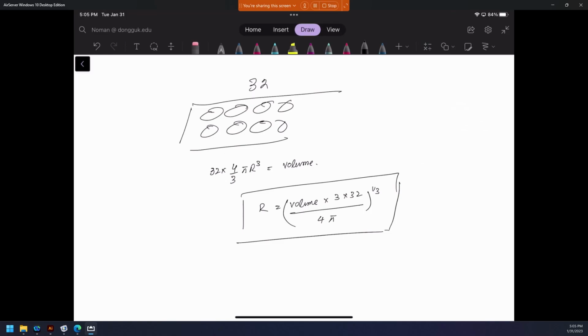I think this 32 should be down. Yeah, volume multiplied by 3 divided by 32 times 4 pi, raised to the power 1 by 3. So this way you can calculate the size of one particle. I think it can be beneficial.